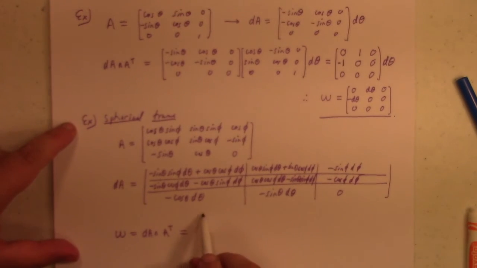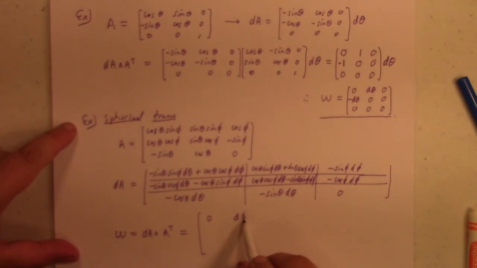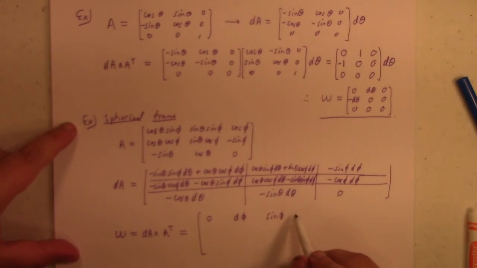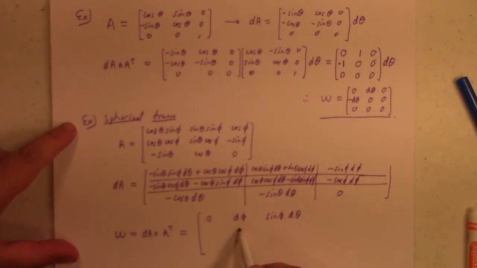what you'll get, and I've checked this, is 0, d phi, sine phi d theta, cosine phi d theta, 0. And then by antisymmetry we already know what's going to happen.